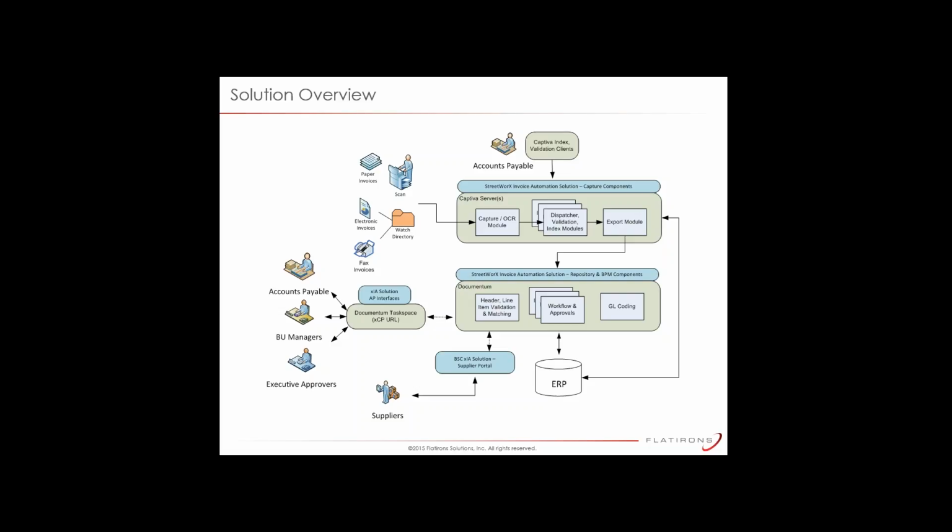They will be interfaced through a web interface, and both our Captiva and Documentum solutions interface tightly with the ERP, and we'll show you that as well. Lastly, there is a capability for the supplier and vendor to even have an interface into the repository to see a quick status, or maybe upload supporting documentation.